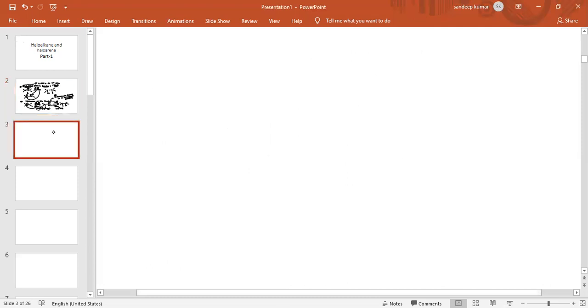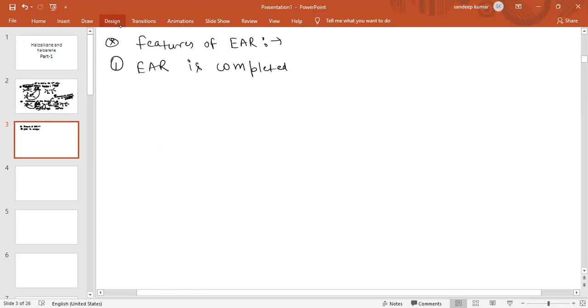Now the features of the reaction. What are the features of electrophilic addition reaction? First feature is that the electrophilic addition reaction is completed in two steps.